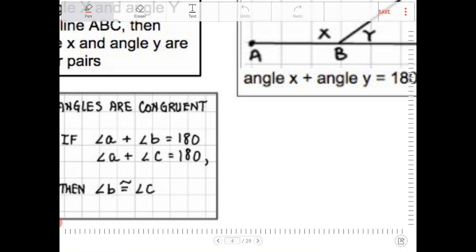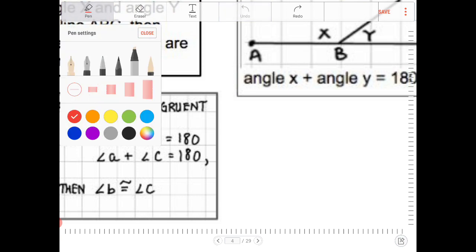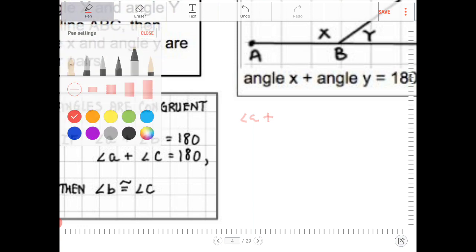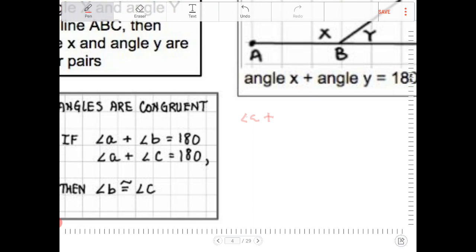Since I know that a plus b is equal to 180, and I know that a plus c is equal to 180, I can therefore say that angle A plus angle B will equal angle A plus angle C, because both of those statements equal 180, so I can make a substitution. I also know that angle A is equal to itself.